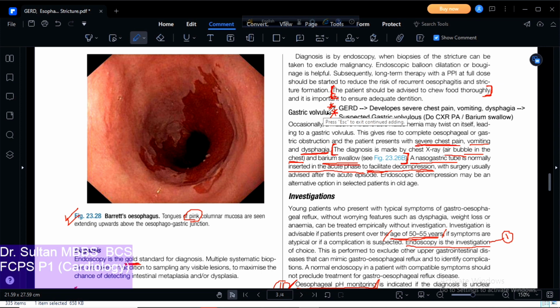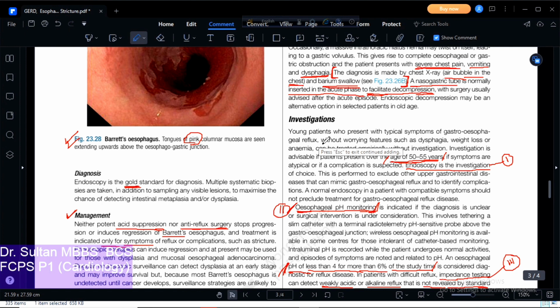Thereafter, after the acute phase is over, there can be endoscopic decompression. Okay, so gastric volvulus is a very important association with the gastroesophageal reflux disease.